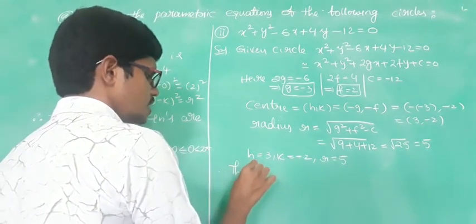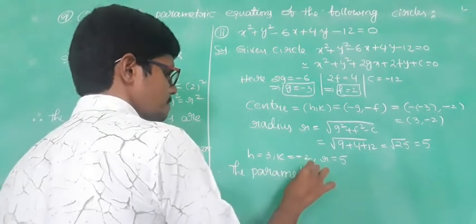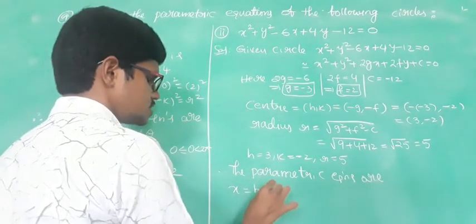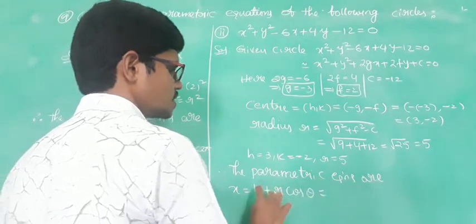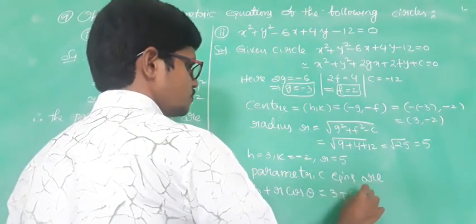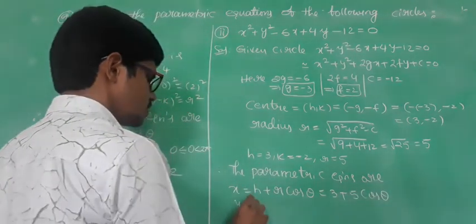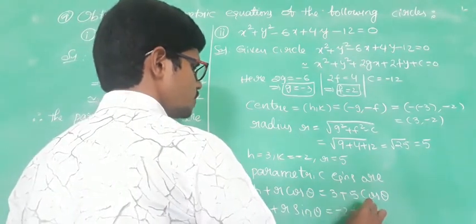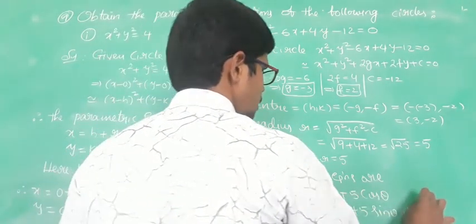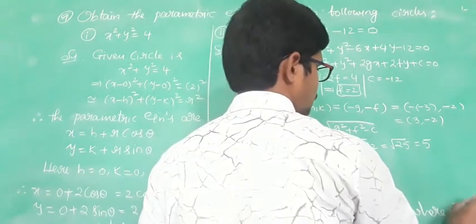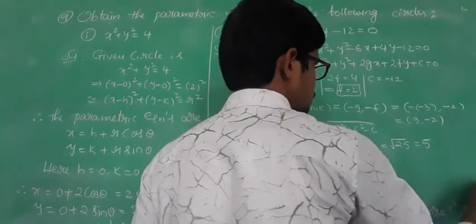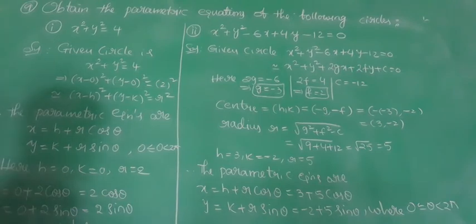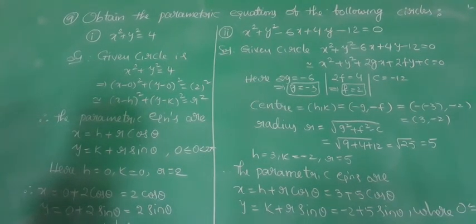Therefore, the parametric equations are x = h + r cos θ, that is 3 + 5 cos θ, and y = k + r sin θ, that is −2 + 5 sin θ, where, very important, 0 ≤ θ < 2π. So these are the parametric equations.